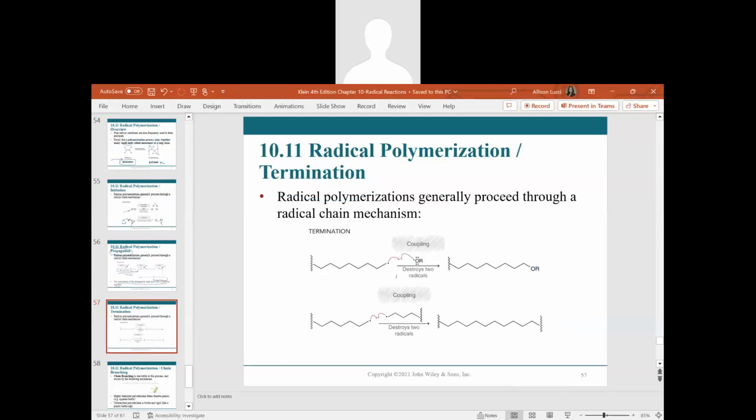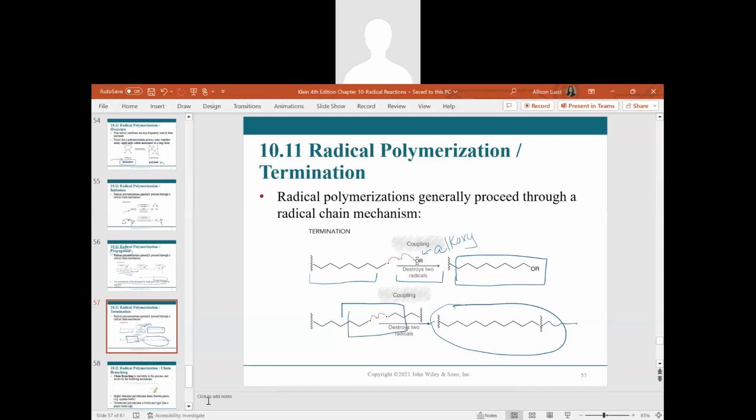We can have our alkoxy radical from before couple with our polymer. So we would have a polymer, and then on the end, that alkoxy radical was added. Or we could have two polymer chains destroy the radical of each other, and create an even longer polymer chain. So this would continue on each way.